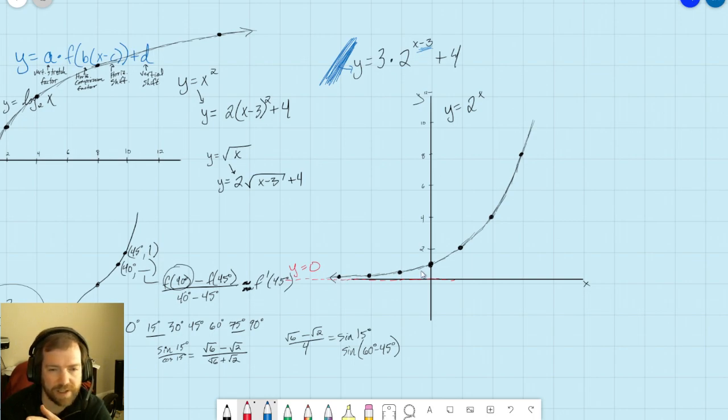So we go over here, we find the value that's 3 smaller. So this is x equals -3. Our y value for that is 1/8. And then we say take that value and translate it back over to x equals 0. Or in other words, if you plug 3 into the exponent, you're going to get a 0 for an exponent.